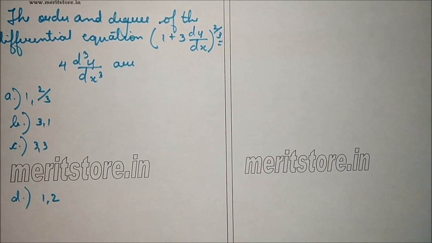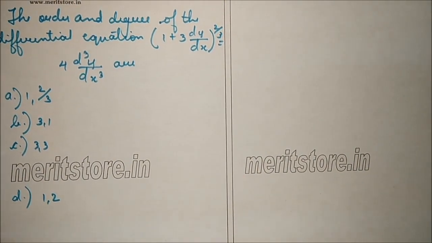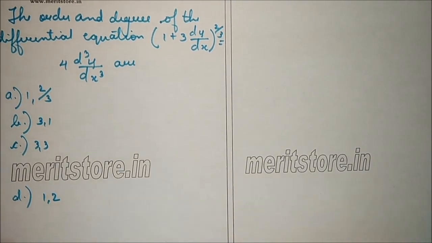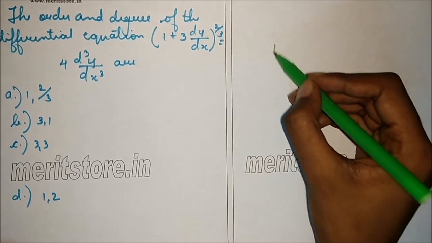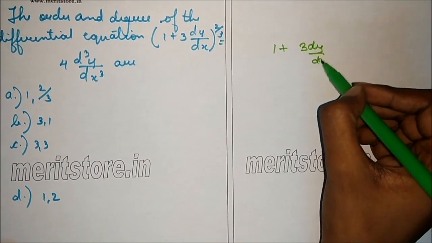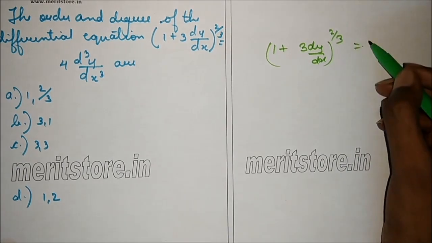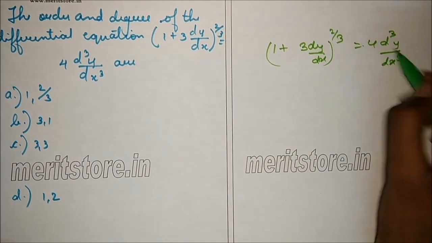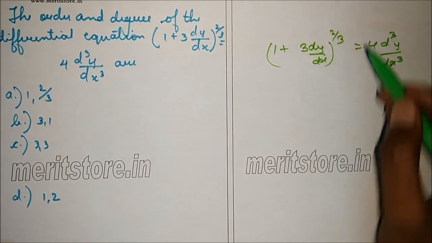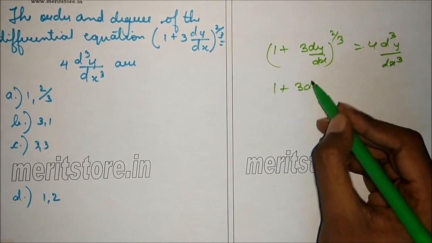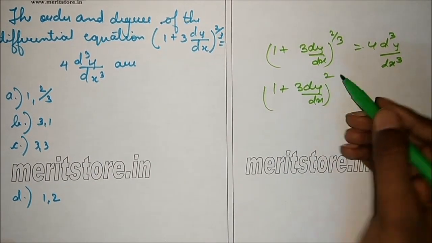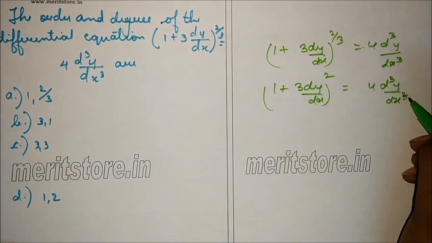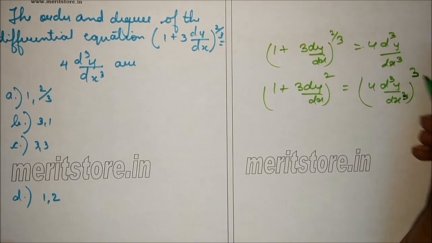The order and degree of the differential equation (1 + 3 dy/dx)^(2/3) = 4 d3y/dx³. So the given equation is (1 + 3 dy/dx)^(2/3) = 4 d3y/dx³. We take the cube on both sides to remove the fractional power 1/3, that is (1 + 3 dy/dx)² = (4 d3y/dx³)³.